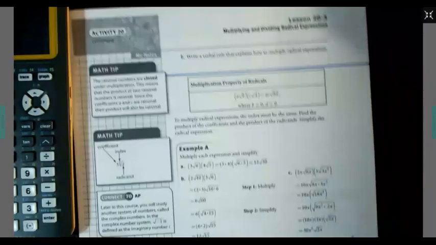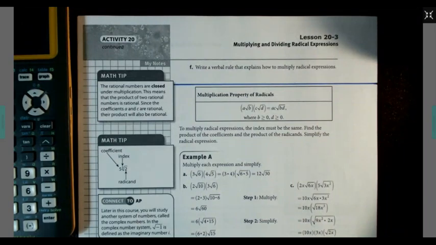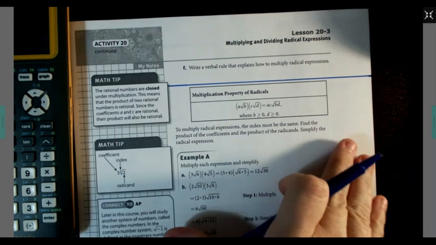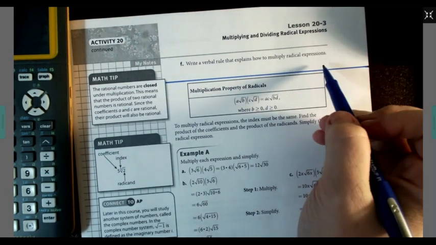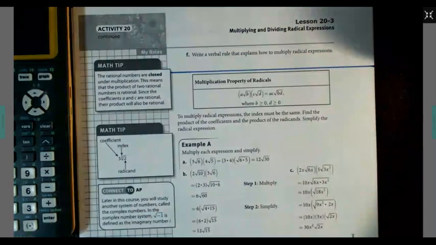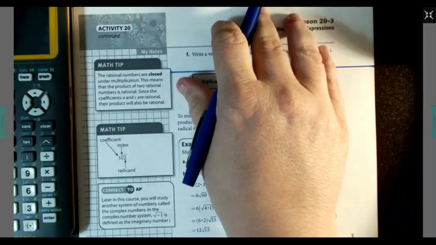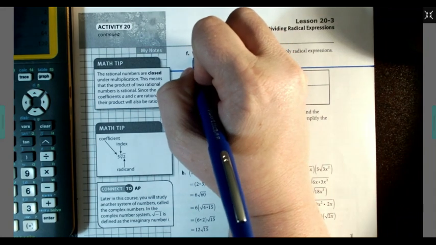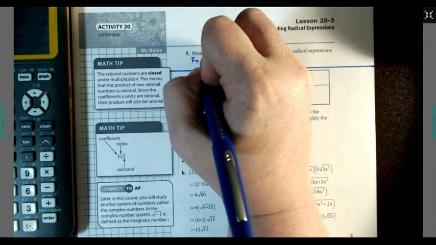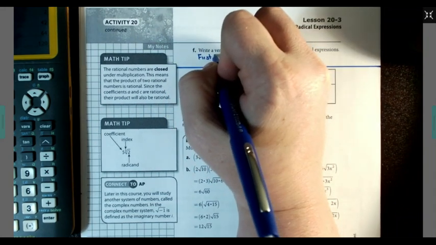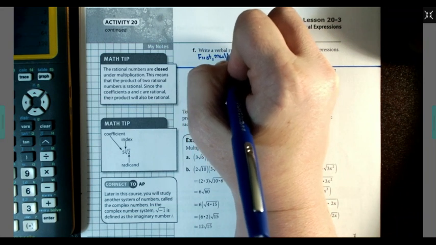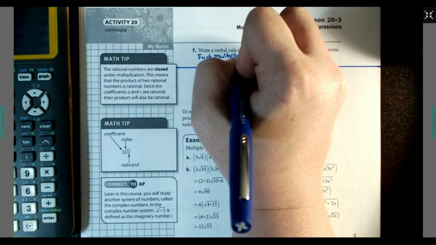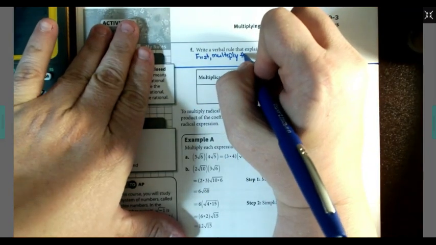All right, moving to the top of the next page. It says, write a verbal rule that explains how to multiply radical expressions. First, multiply the coefficients, the numbers in front.